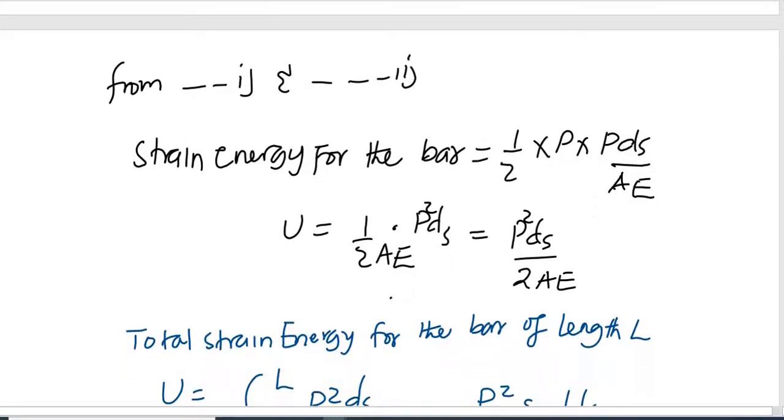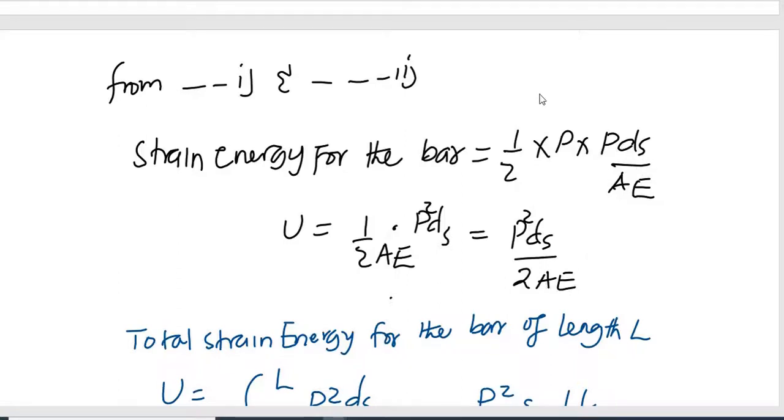Now, the strain energy for this bar: if we substitute equation 2 in equation 1, it means a half times P, which is in the equation, times the extension, which is P ds out of AE.